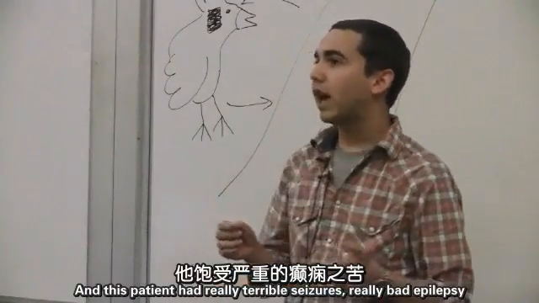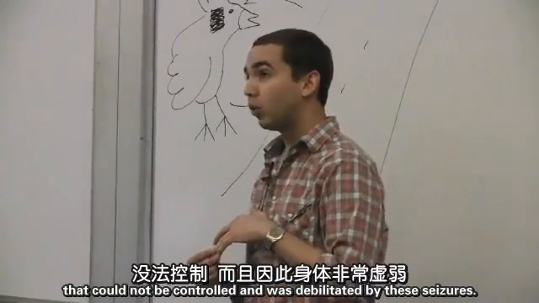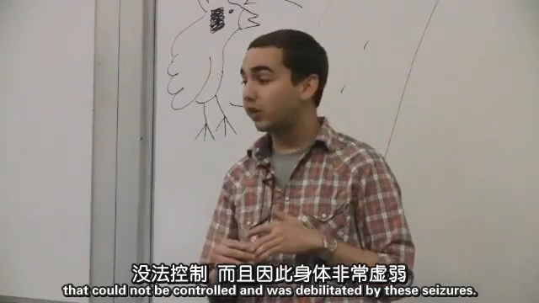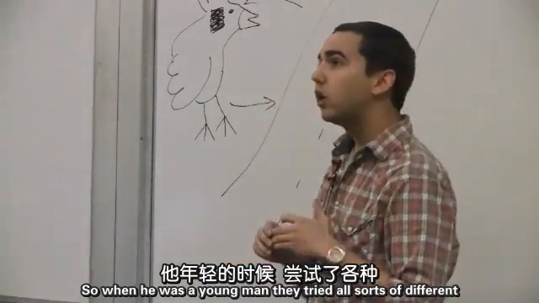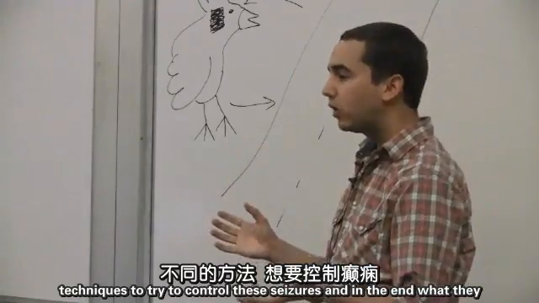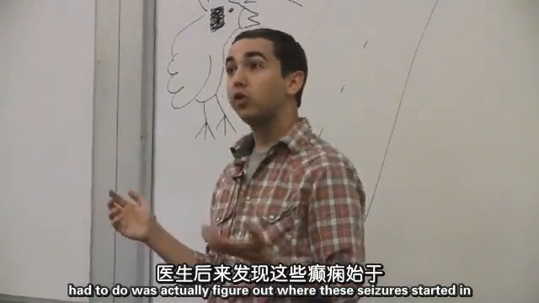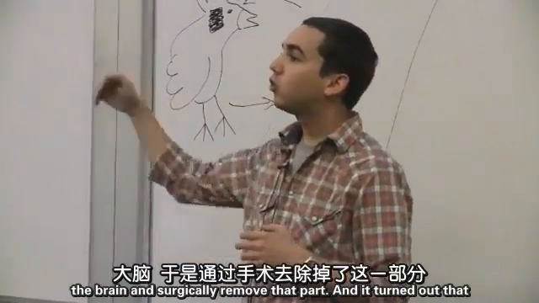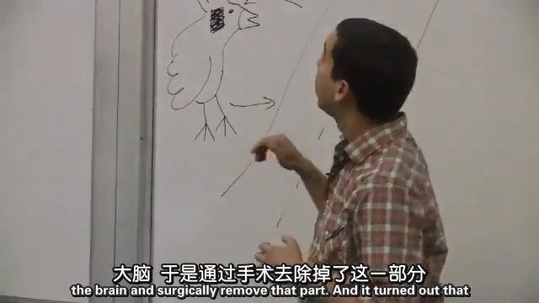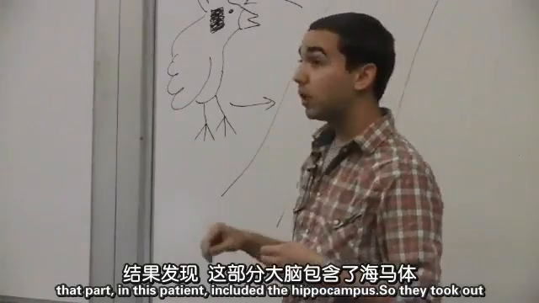And this patient had really terrible seizures, really bad epilepsy that could not be controlled, and was debilitated by these seizures. So when he was a young man, they tried all sorts of different techniques to try to control these seizures, and in the end what they had to do was actually figure out where these seizures started in the brain and surgically remove that part. And it turned out that that part in this patient included the hippocampus.